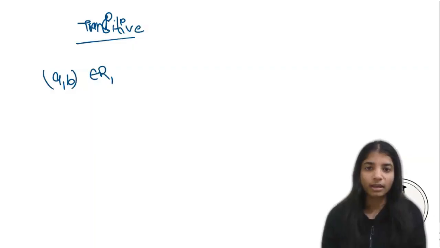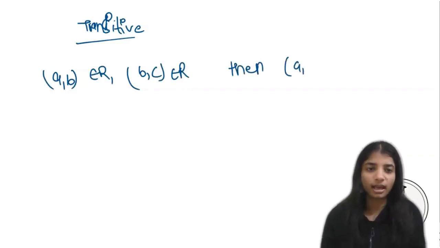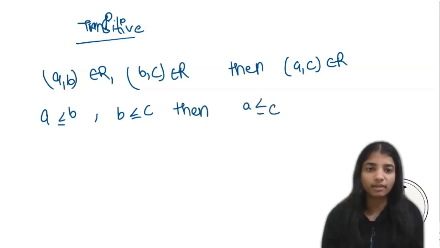Now we are considering the transitive condition. The condition for transitivity is that if (a, b) belongs to R and (b, c) belongs to R, then we can say that (a, c) belongs to R. The condition is that a ≤ b, b ≤ c, then a ≤ c.